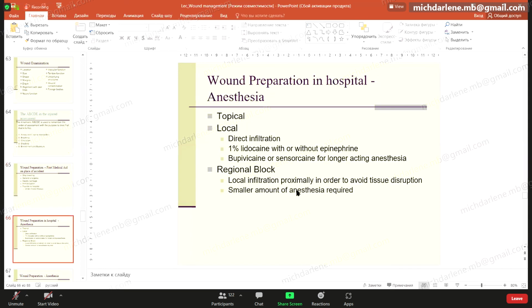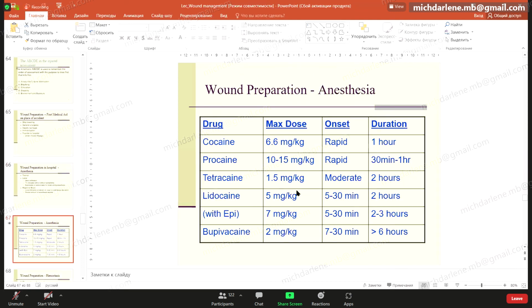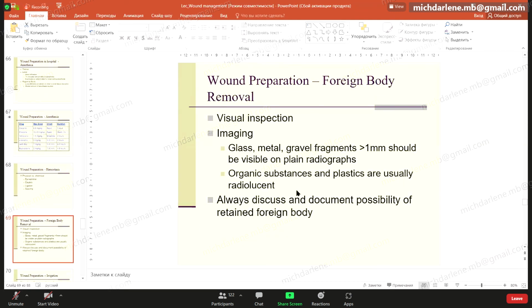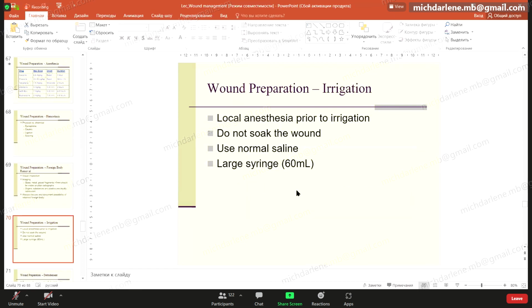And in the hospital, we make a local anesthesia or maybe a regional block with some volume of local anesthetics, and make the debridement of these wounds.